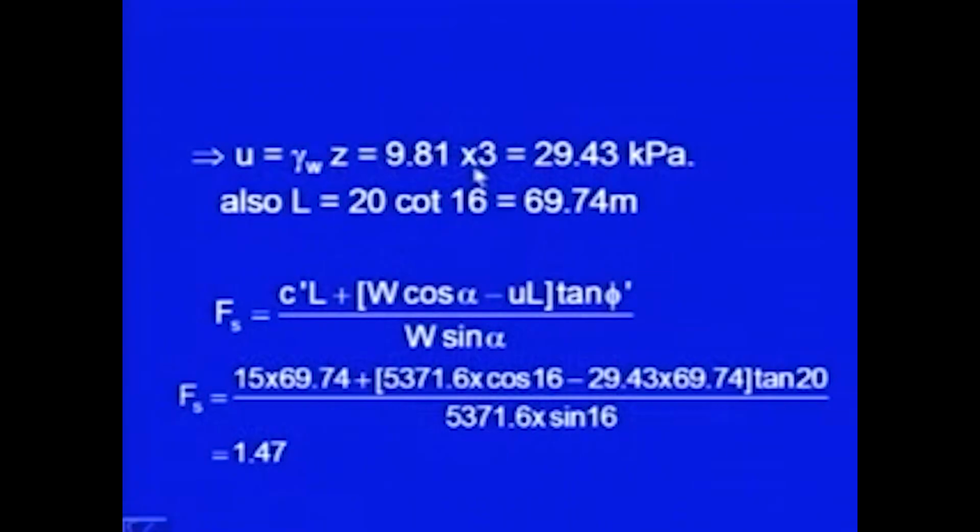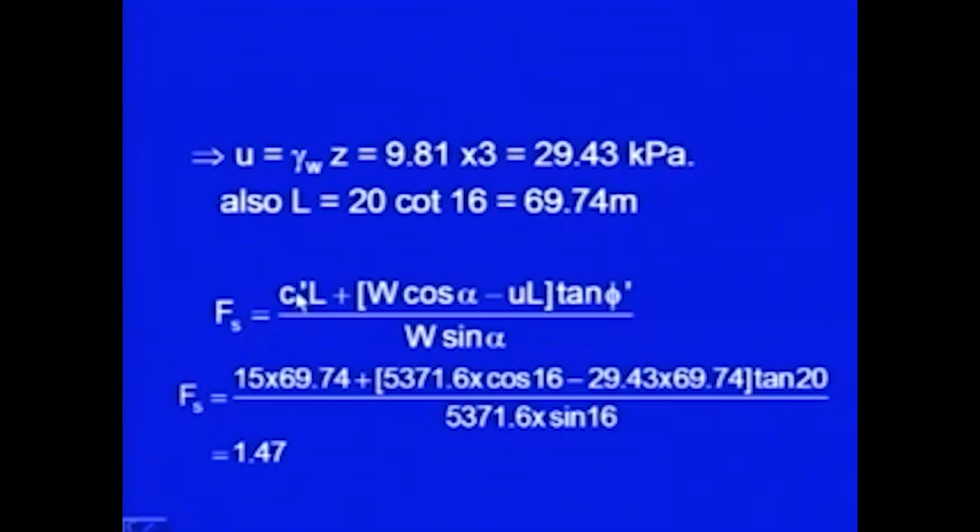So, u will be equal to gamma w into z. So, z is 3 meter, which was estimated. So, pore water pressure comes out to be this much. Also, the length L is 20 cot of 16, equal to this much. This was the expression for the factor of safety.